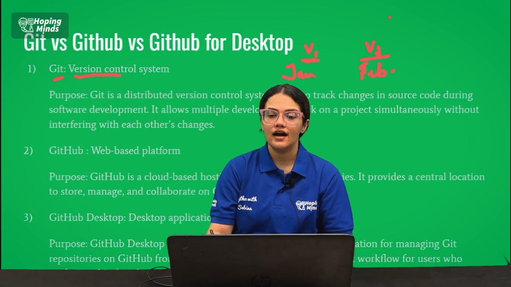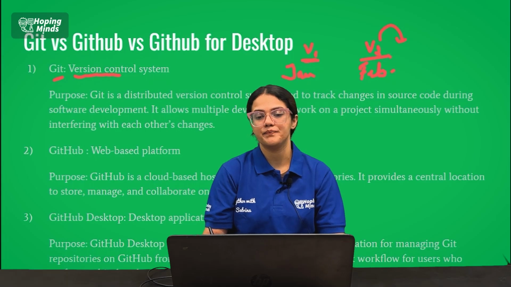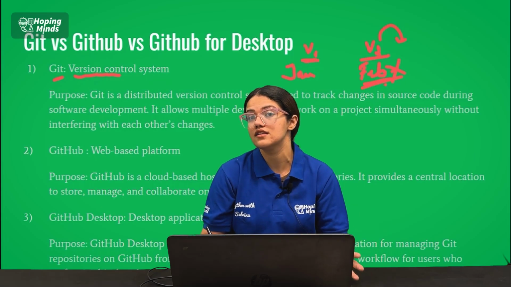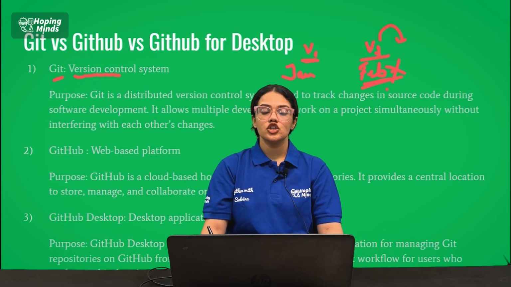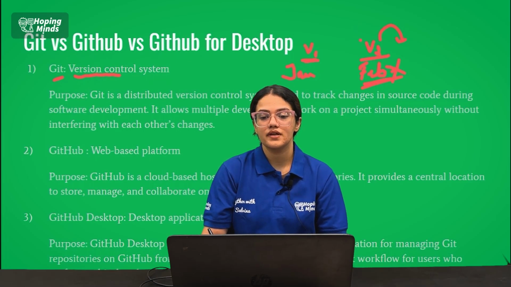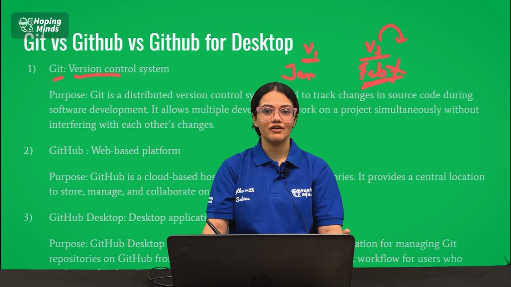But at the end of this month, my boss said, okay Sabrina, this is not fine, and I think we should discard all the changes because we no longer need them. So I'll be very confused. How can I go back to the previous version, the January version, this V1 version?